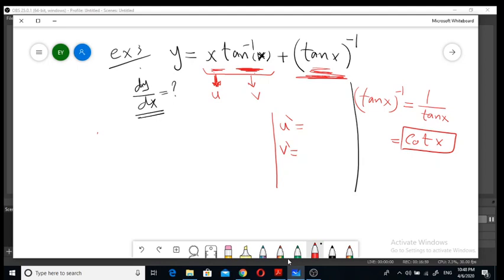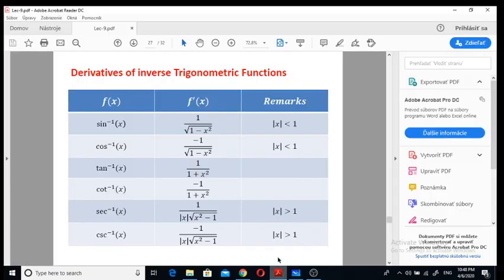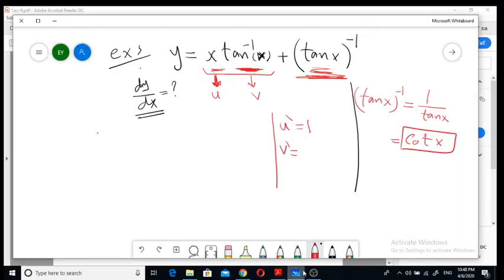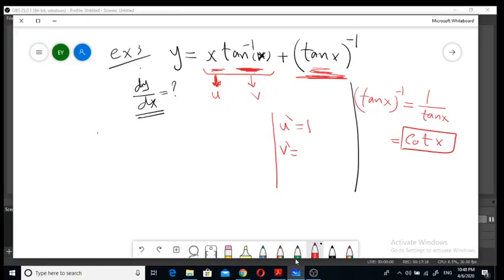U prime, the first derivative of x with respect to x, will be 1. The first derivative of tan inverse of x will be 1 over 1 plus x squared.